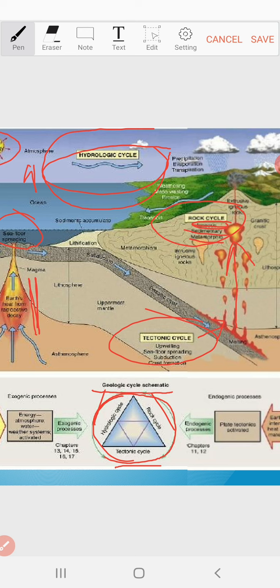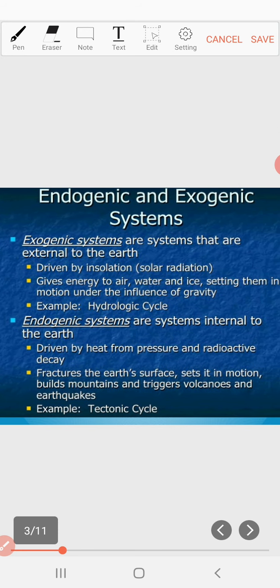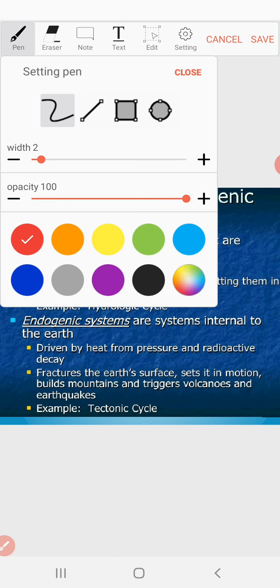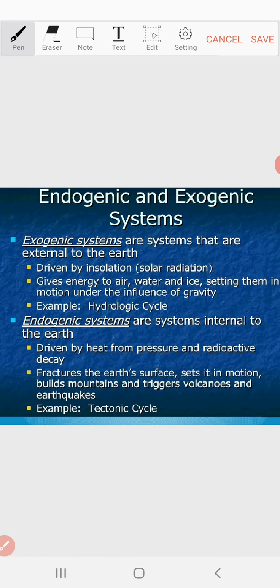Now next I will proceed with the topic of the two main systems or forces that are continuously activating simultaneously and leading to the development of landforms, either creating them or lowering them down. The first one is the exogenic system, or the exogenic forces, activating from the external part of the earth.